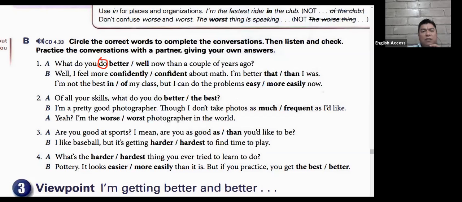And in the answer, I feel more confidently or confident about math. How do we know which one do we choose, confidently or confident? We need to check what are we describing, the verb, feel, or the subject I. What is confident or confidently?